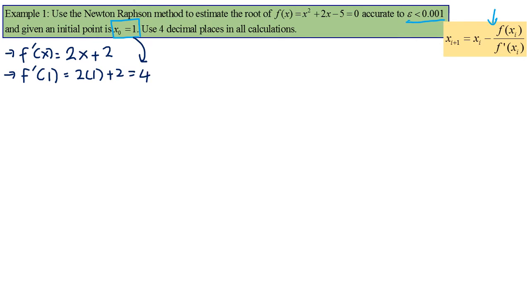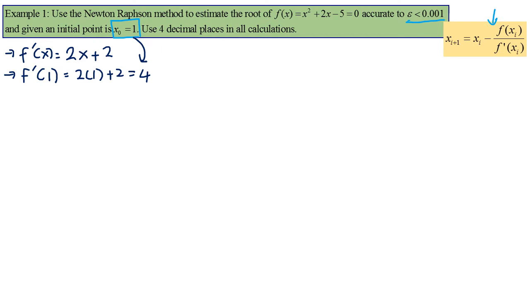The reason we substitute the initial value is that we want to make sure it is suitable to be the initial value for Newton-Raphson. You can see in the formula that f prime is the denominator. If the denominator is equal to 0, the calculation cannot be continued, because any number divided by 0 gives infinity or a math error.